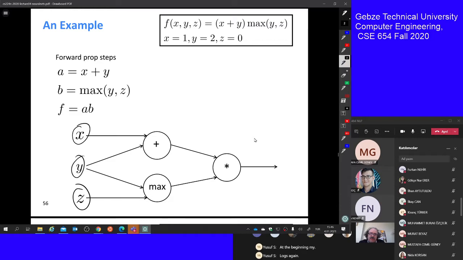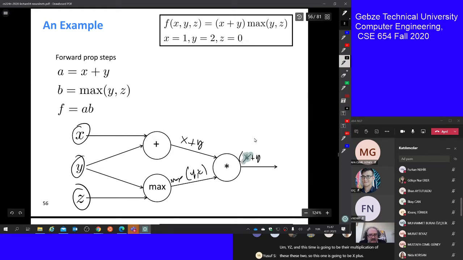This one is going to be x plus y, this one is going to be the maximum of y, z, and this one is going to be the multiplication of these two. So this one is x plus y times the maximum of y, z.